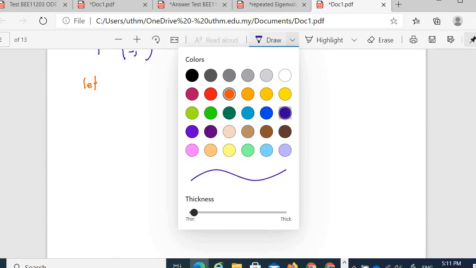Now I'm going to show you. Let's assume your y is V2 t e^(lambda t), because we got the same eigenvalue. So we assume the second solution y2 is V2 t e^(lambda t).